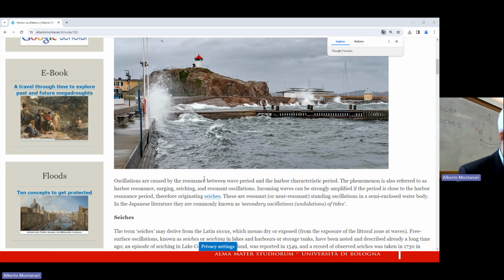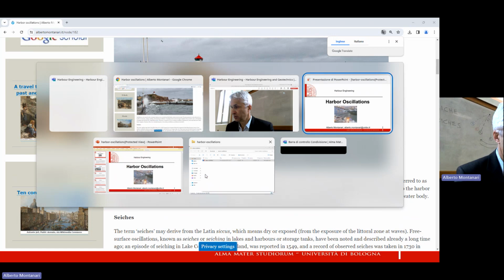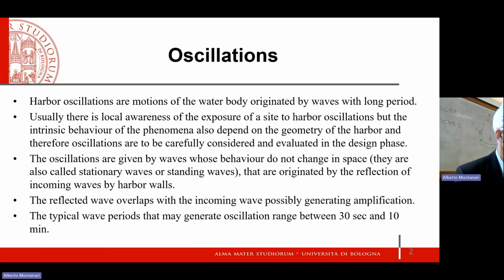So let me just use the PowerPoint to make a short premise. So usually these oscillations are characterized by quite long period. So the danger is given usually by waves with period ranging from, as I said, 30 seconds to a couple of minutes.